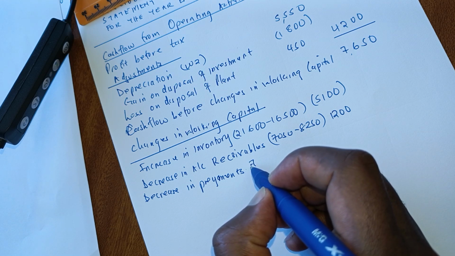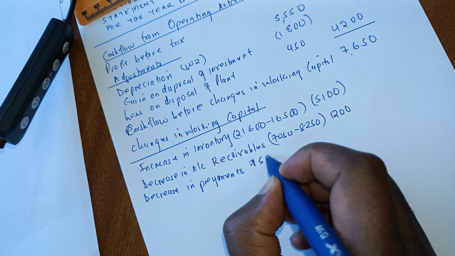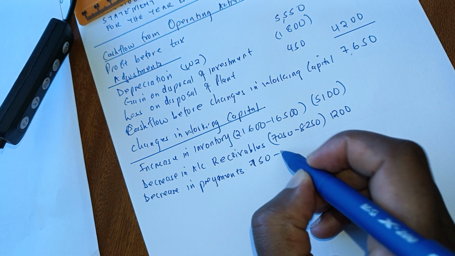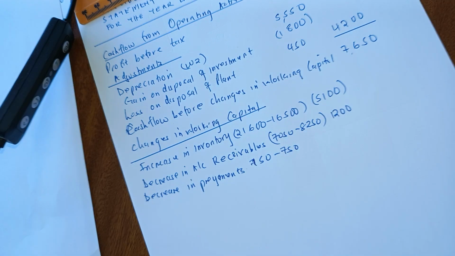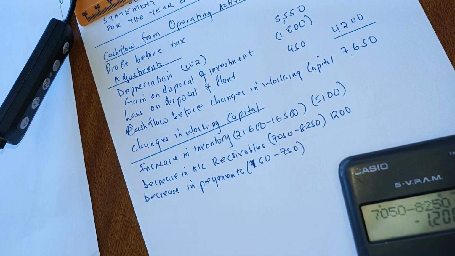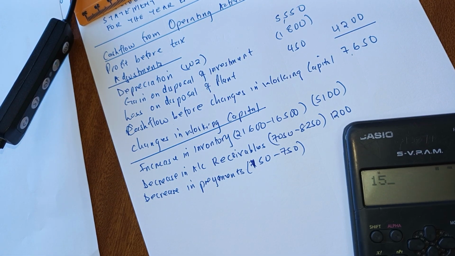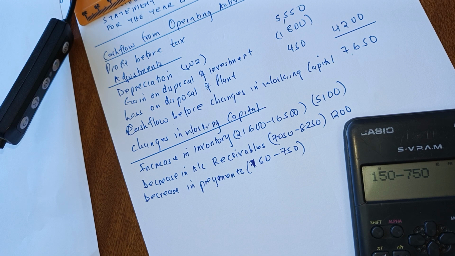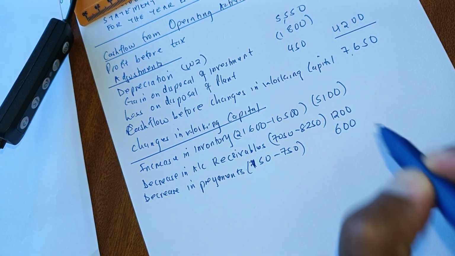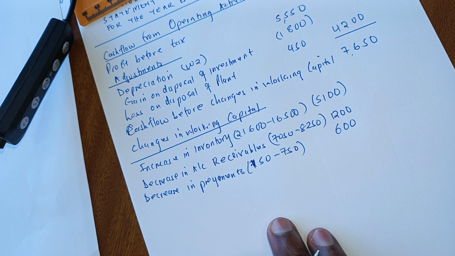So it was 150 minus 750. So it means we are retaining more cash, so 600. You add it because it is decreasing.